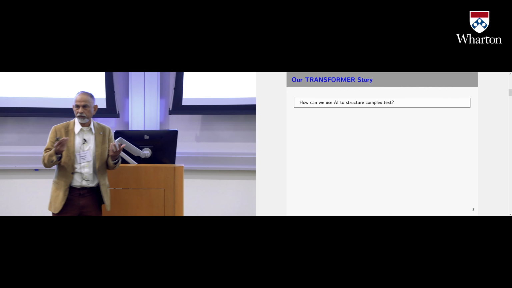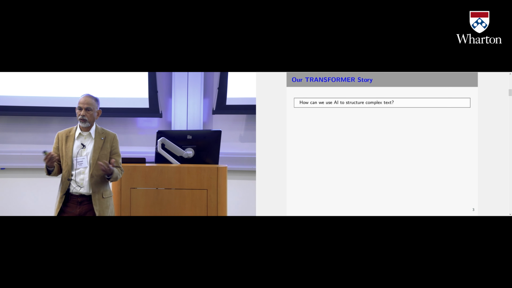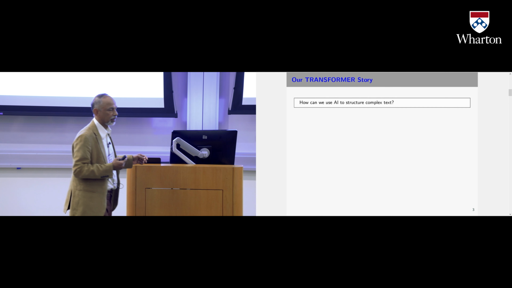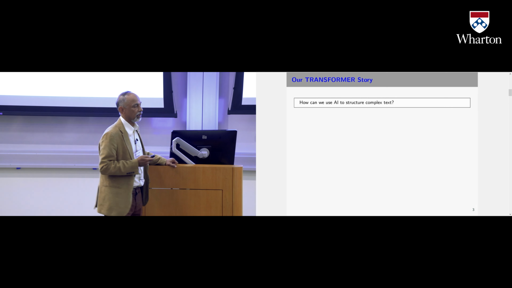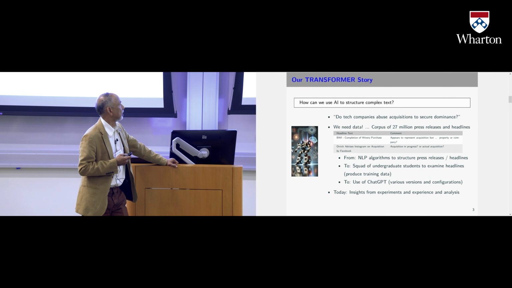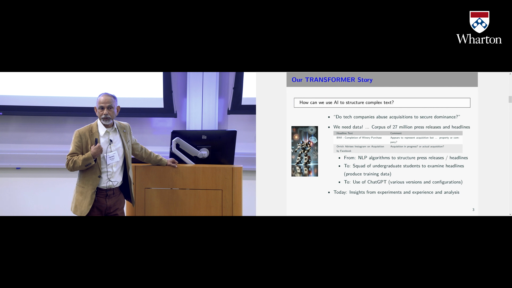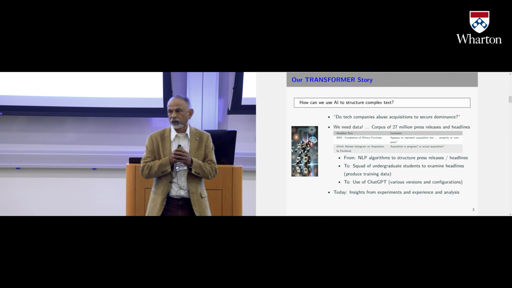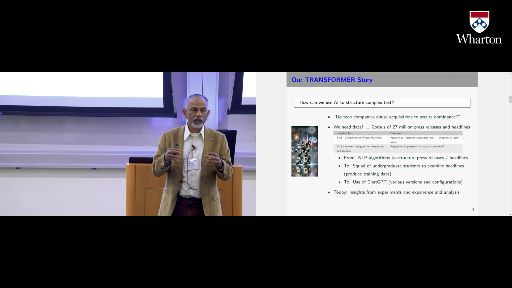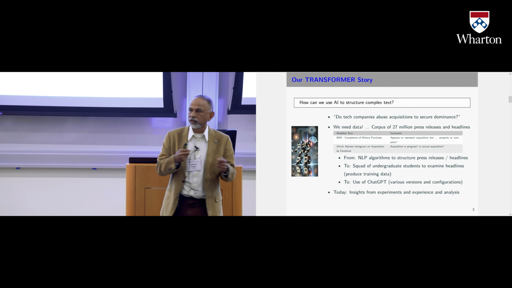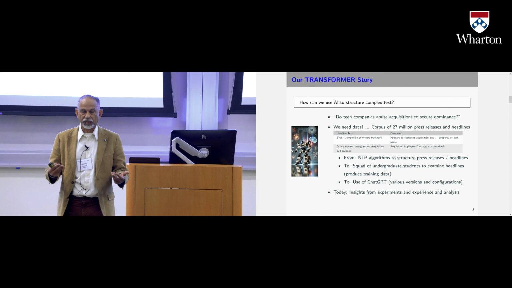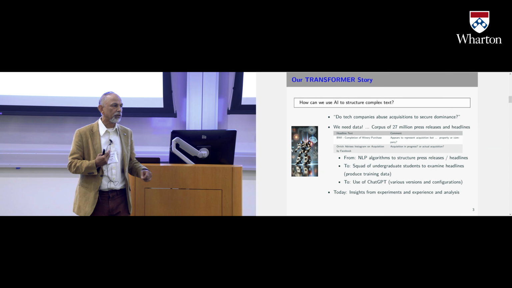So that's the basic question. How can we use AI to take complex text, or later on other types of content, and produce good structured content out of it? How we came upon this problem was that we were looking at questions around corporate acquisitions: how acquisitions related to tech dominance, how companies get really big and dominant in the tech industry, and how that was driven through corporate acquisitions.